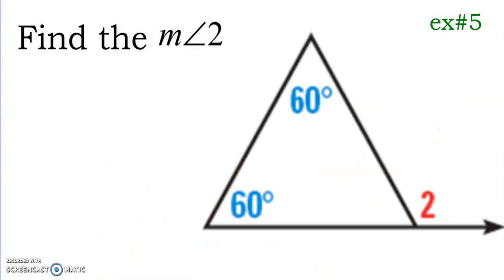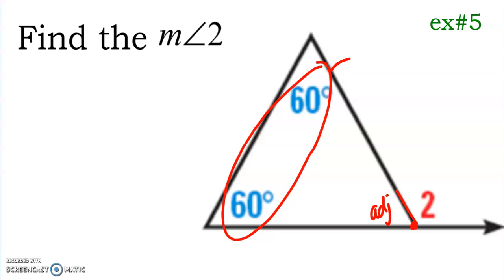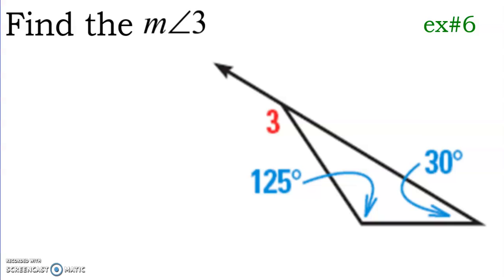So for example, this is the adjacent angle to angle 2 because it shares that common vertex and that common side. So we want to add together the two non-adjacent angles. So 60 plus 60 means that the measure of angle 2 is 120 degrees. So it's a lot less work.